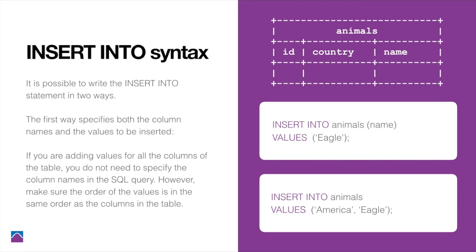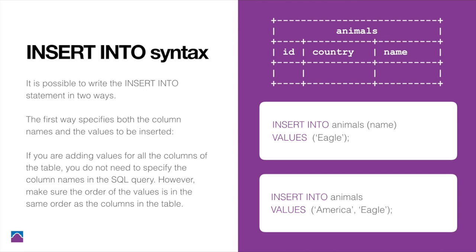So the first example, in the middle, we're saying insert into. That's the syntax I'm writing, and then I'm specifying the table name. In this case, it's animals. And then in parentheses, I'm explicitly saying I'm going to give you values for these fields. You can comma separate them out. But in this case, I'm only doing one.